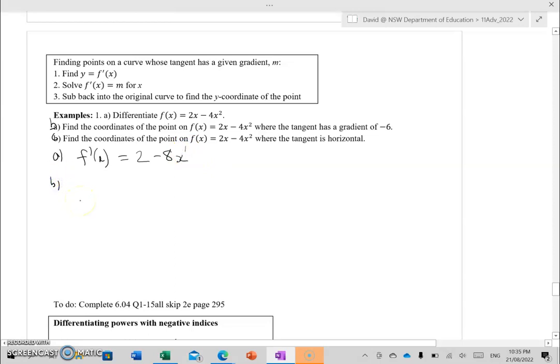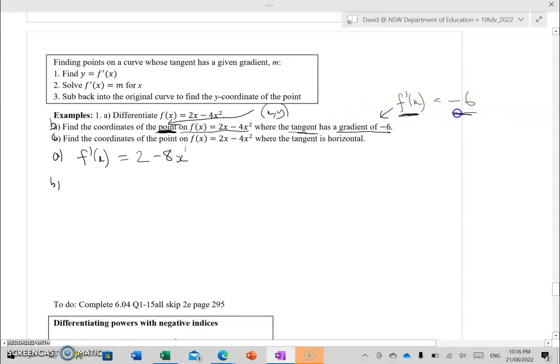B, find the coordinates of the point on the function. And notice it's a point on the function, so a point has coordinates x, y, okay? So we need an x value and a y value, where the tangent has gradient of negative 6. So if the tangent has gradient negative 6, that's saying f dash of x is equal to negative 6.